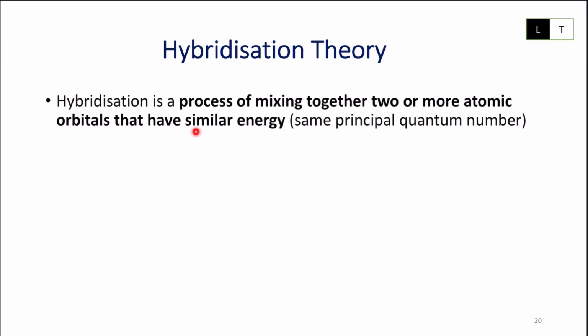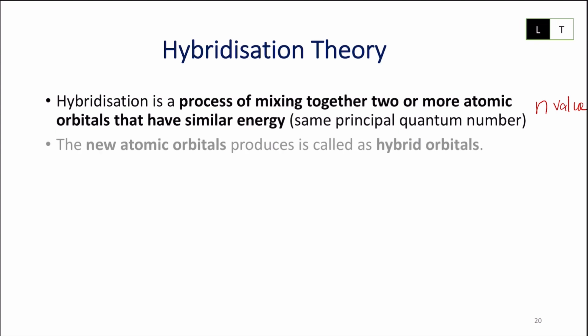Apa maksud same energy? Maksudnya same principal quantum number ataupun dalam erti kata lain, n value dia sama. Okay, I hope you still remember about this from chapter 2. And then the new atomic orbitals produced is what we call as hybrid orbitals.